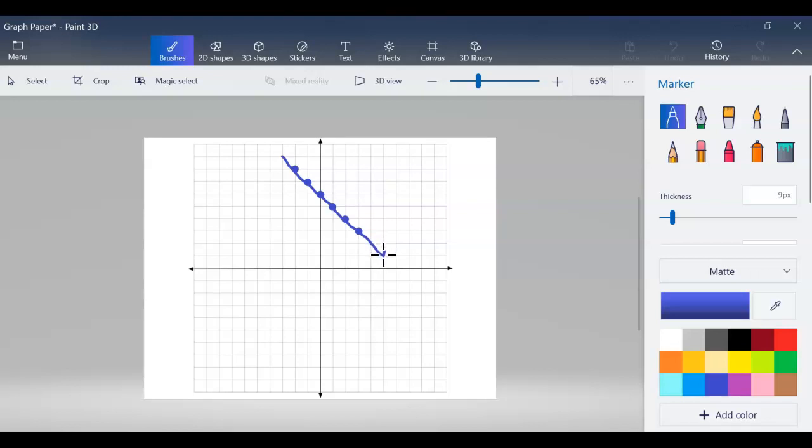In order to say that pattern extends forever, we just put little arrows on the end. Again, this is not done real neat because I'm trying to use my computer to do that, but that's it. So that's the graph of the line y equals negative x plus 6.